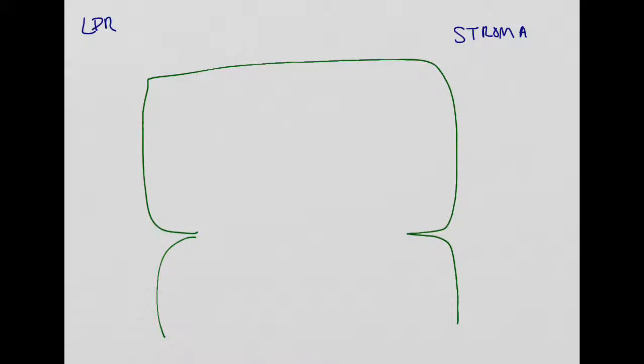And so embedded within this membrane are two components of our light-dependent reactions, LDRs. And these components are called photosystems. So I'm going to draw a photosystem here as a green dot, and another photosystem here as a green dot. And following the photosystems are our ETS, our electron transport system, or ETC, electron transport chain.